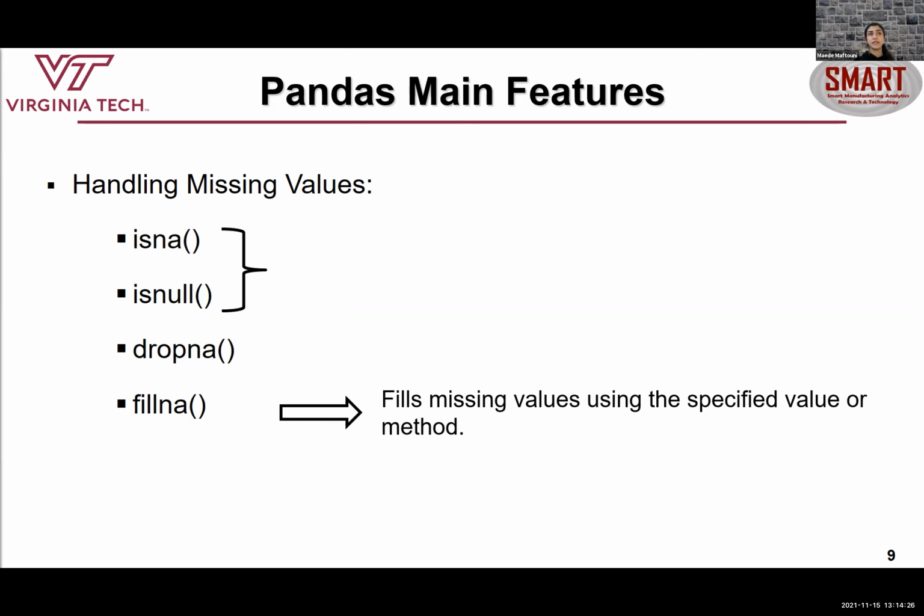And fillna is to fill missing values using specified values or methods. For example, you can specify a value such as the average of the column to be filled in the missing value, or, if it is a time series, you can use a method to use the value before or after, things like that.